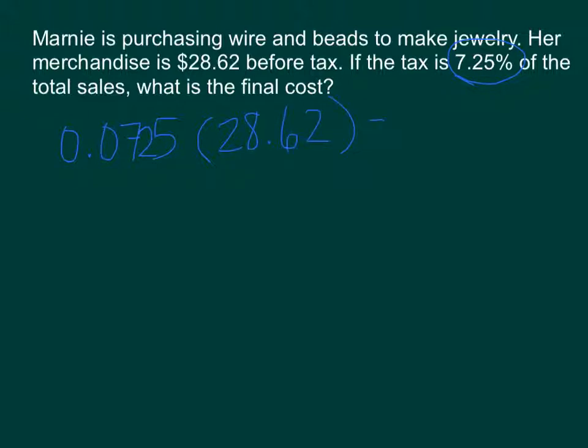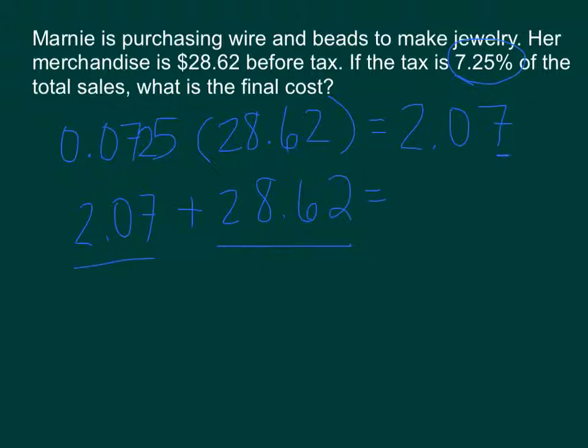That's going to give me 2.07, and it's money, so we round to the nearest hundredth. But then I need to add that $2.07 back to the $28.62 because she owes the amount of the tax and the amount of her purchase. If I add that back to her original purchase, then Marnie owes $30.69 as her final amount.